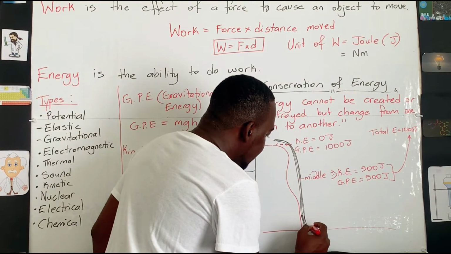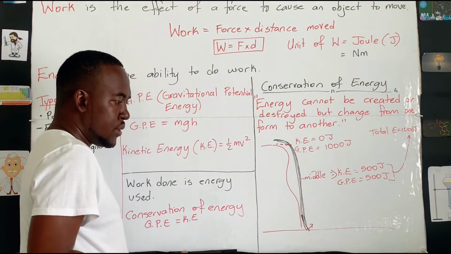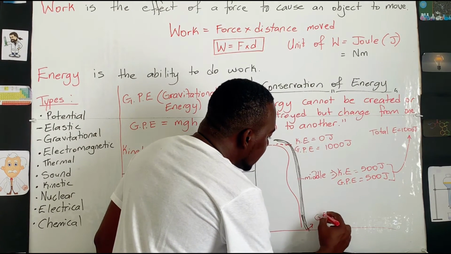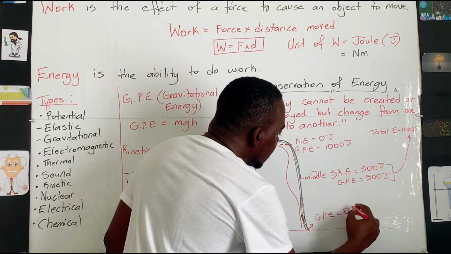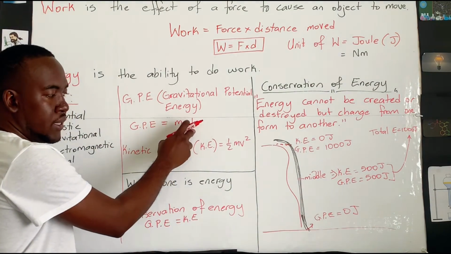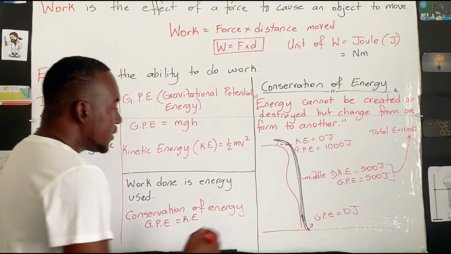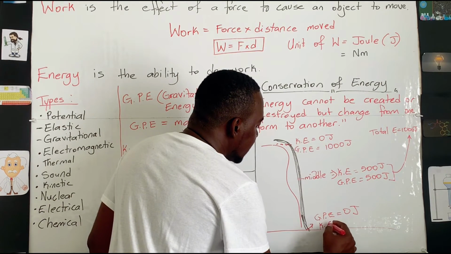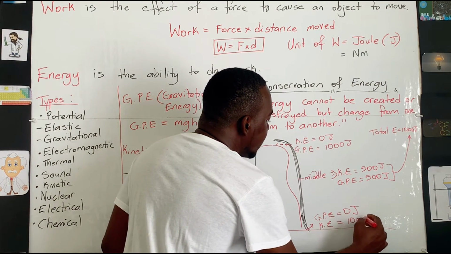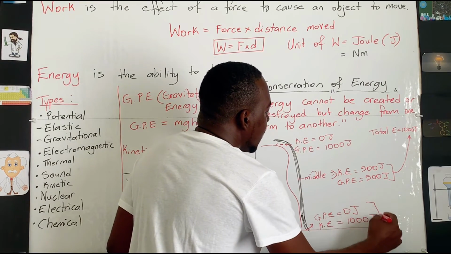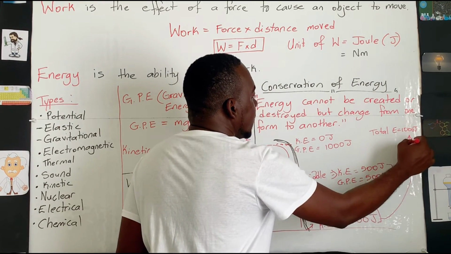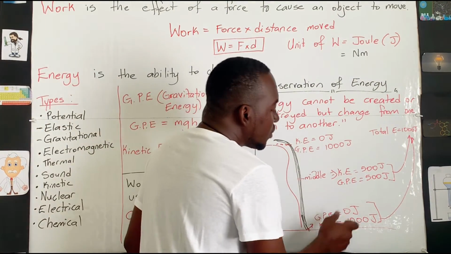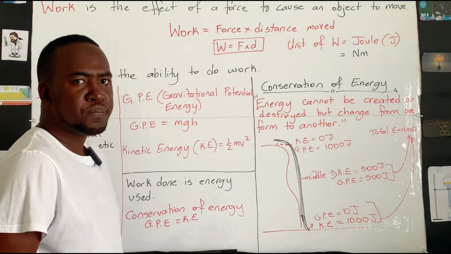Now, when it reaches the ground, these water particles have no gravitational potential energy because there is no height. It's now on the ground. So if it has 0 joules of gravitational potential energy, then it must have 1000 joules of kinetic energy because the system has to maintain the 1000 total joules of energy.